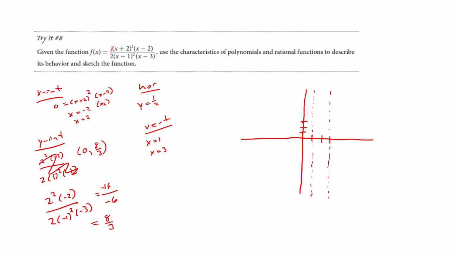X-intercepts at 2 and negative 2. Oh, my horizontal is that y is 1/2, so it's coming right through like that.